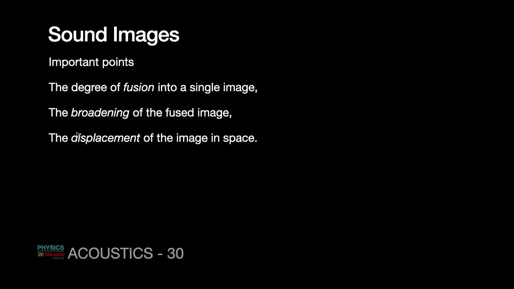So the important point that we have to remember is the degree to which the fusion of multiple images into a single image happens. The fused image can be broadened or narrowed by controlling the crossover between the two sources, and the displacement of the image in space. So how the sound source moves from left to right.